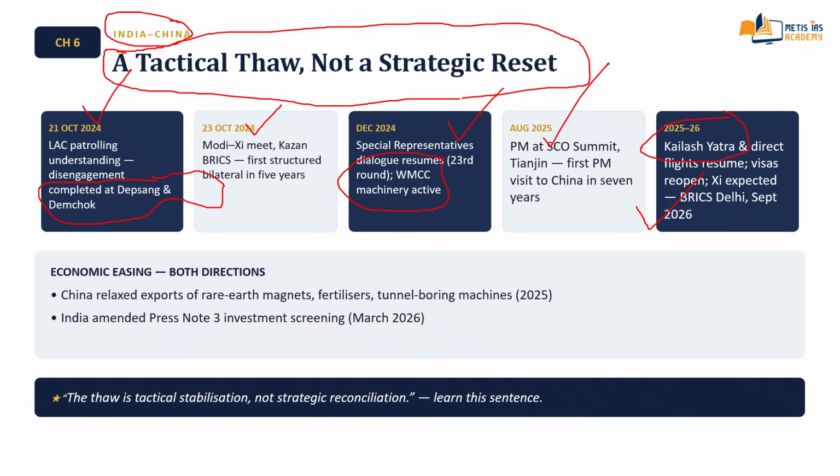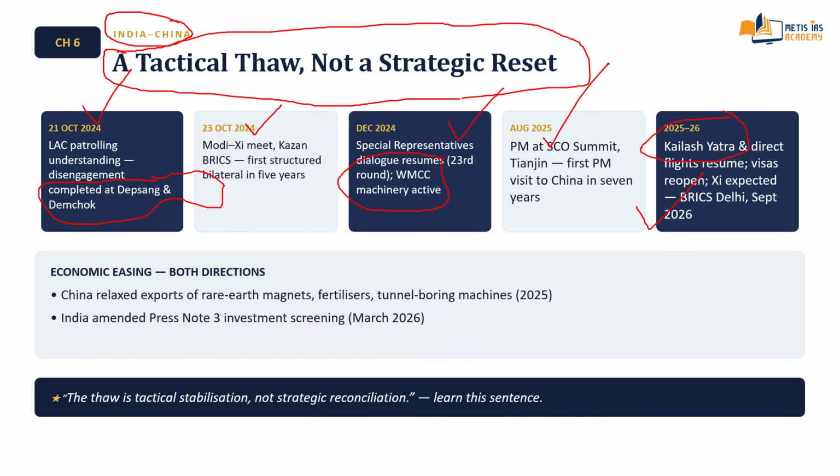How may UPSC ask this question in UPSC CSE Mains 2026? UPSC is unlikely to ask, describe India-China relations. Instead, it may ask like this: discuss the evolving nature of India-China relations in the context of border management and strategic competition. Or how has geoeconomics influenced India's approach towards China?